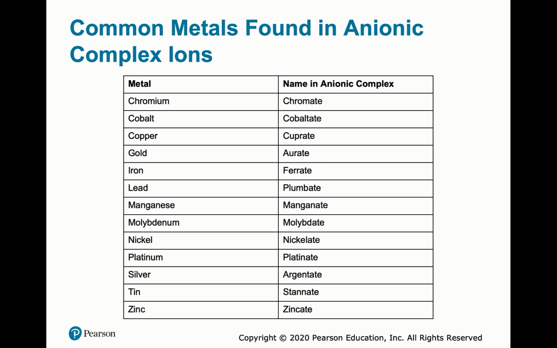Chromium becomes chromate, cobalt, cobaltate, copper, cuprate, gold, aurate, iron, ferrate, lead, plumbate, manganese, manganate, molybdenum, molybdate, nickel, nickelate, platinum, platinate, silver, argentate, tin, stannate, zinc, zincate.